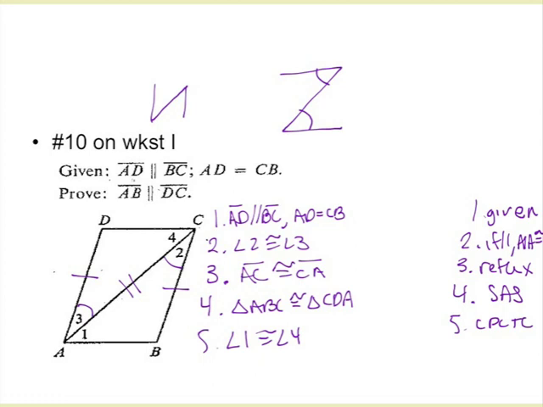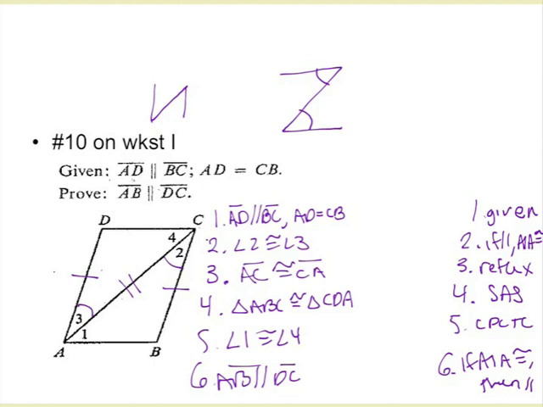And because they're congruent, they must be making some parallel lines. Because if AIAs are congruent, then lines are parallel.